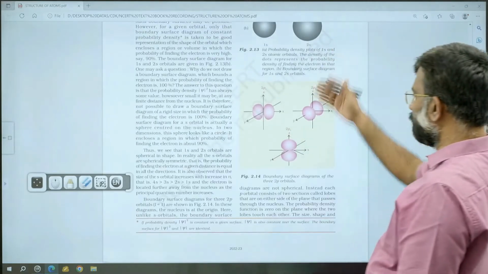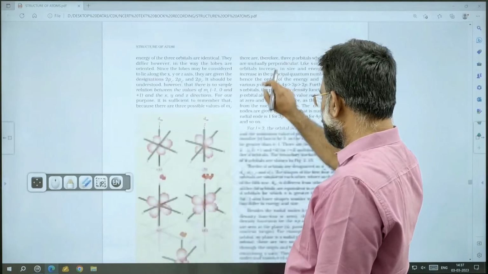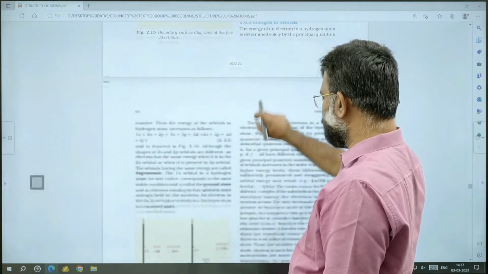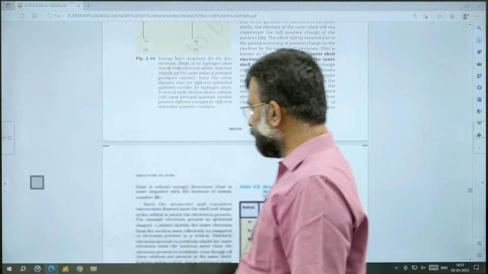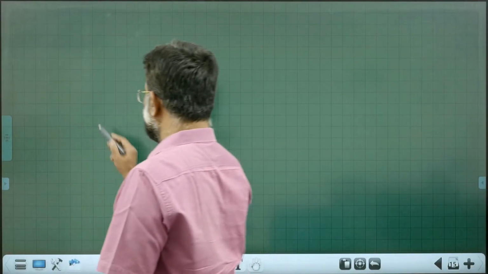These are the orbital boundary surface diagrams I was explaining. And finally, electronic configuration. Electronic configuration is based on 3 principles.